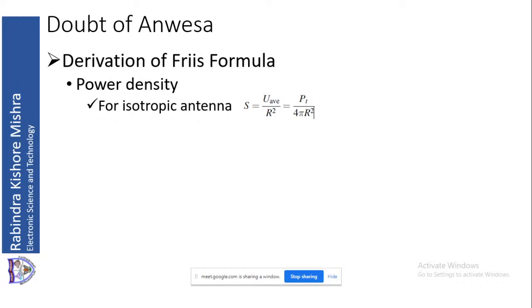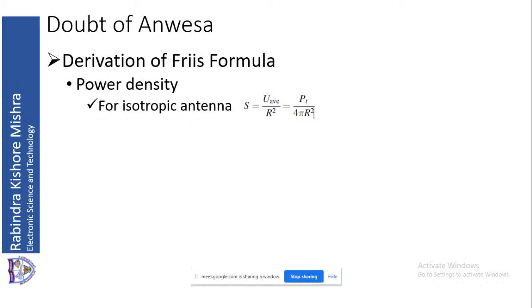The moment we make this isotropic antenna directive, how do we get it directive? In the case of a directive antenna, it has a preferred direction in which it radiates. So it gains some energy in that direction and reduces in others. So energy is directed in a particular direction. More energy will be in a particular direction compared to other directions.